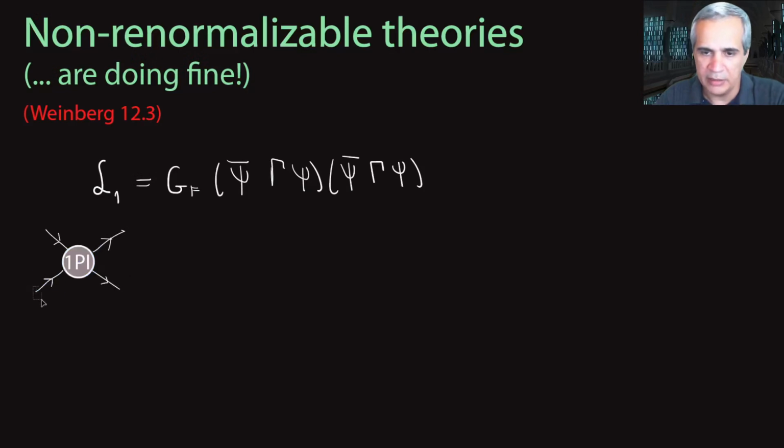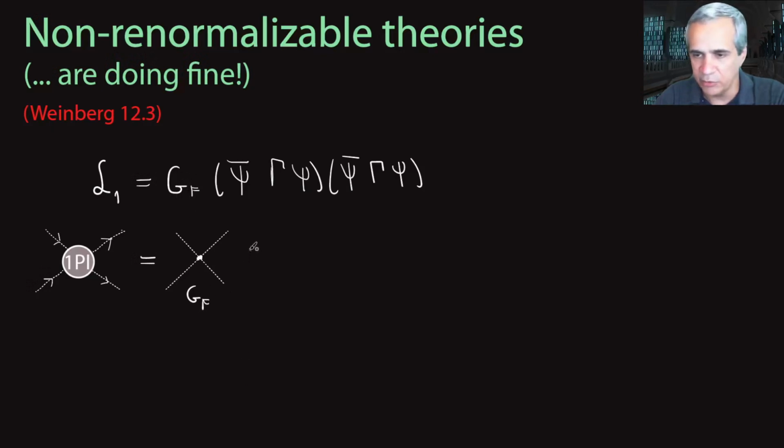Keep in mind that this is an amputated 1PI function, so these are really not the propagators, but more like just a reminder of how many external points I'm considering here. I won't do the dashed lines every time because it can be bothersome. And then the first contribution to this will be given by a simple tree-level vertex, which is proportional to the Fermi coupling constant.